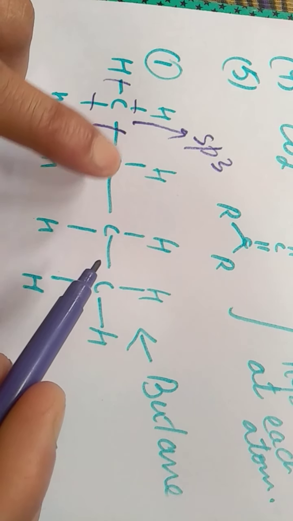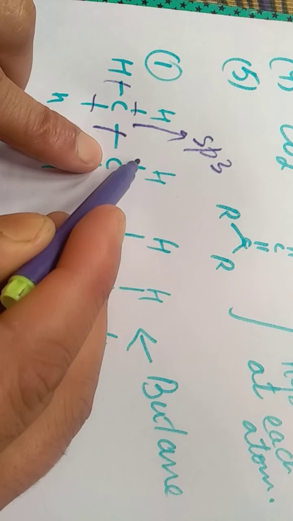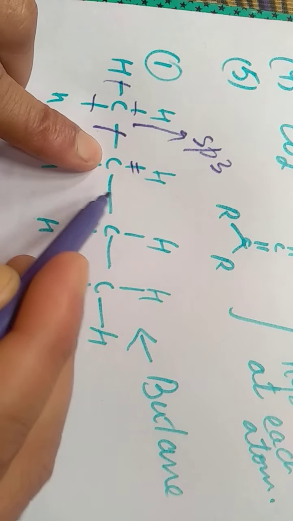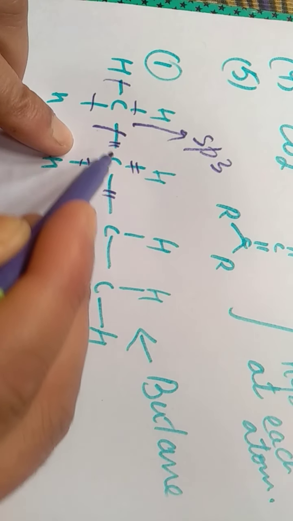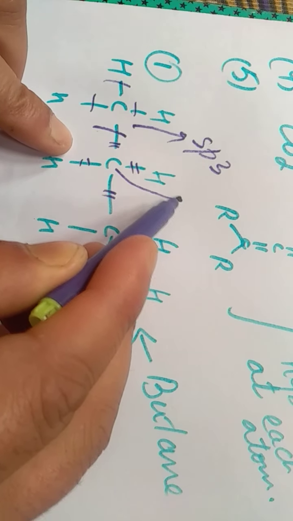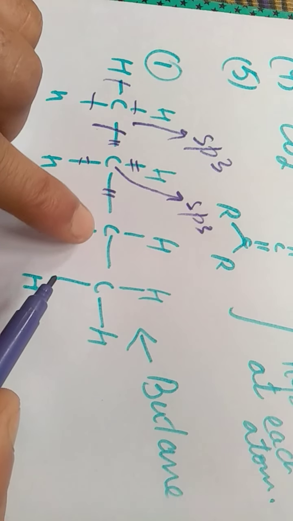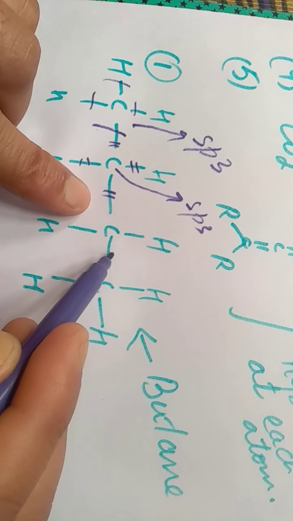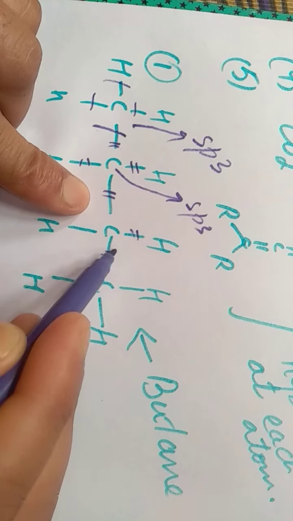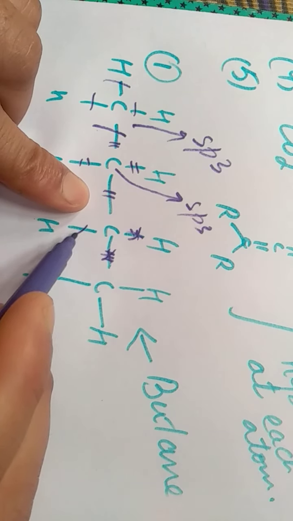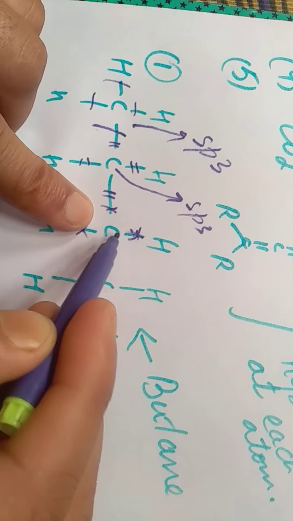Now we go to this carbon atom. How many sigma bonds? 1, 2, 3 and 4. So sp3 hybridization. Same is the case here: 1, 2, 3 and 4, 4 sigma bonds.